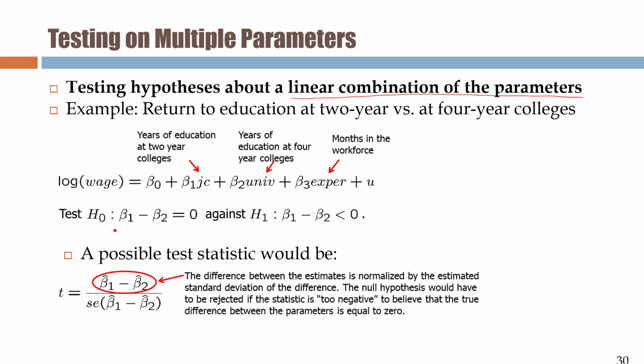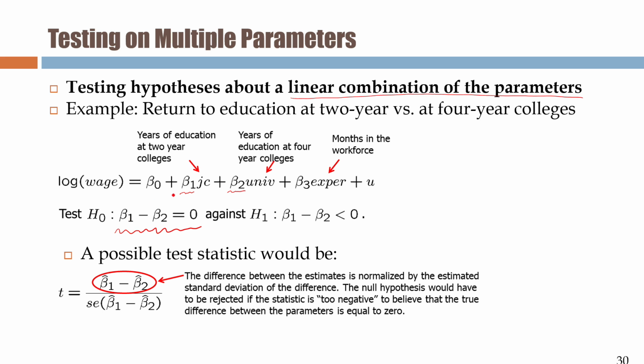What we want is the null hypothesis like this: can I tell beta 1 and beta 2 are different? Probably you will have a slightly different number, even if it's close, for beta 1 and beta 2. But can we say these two numbers are statistically significantly different?